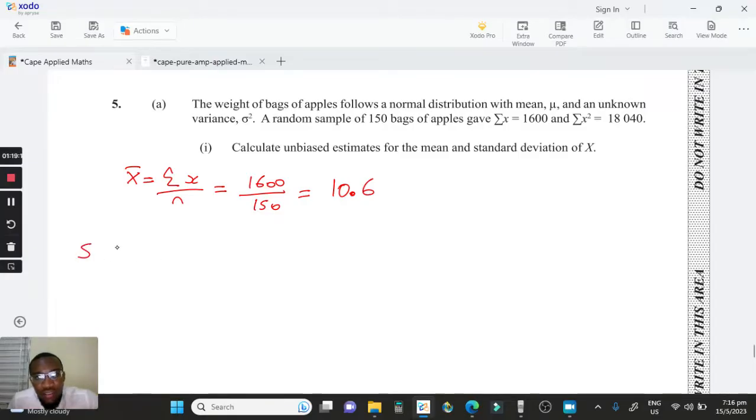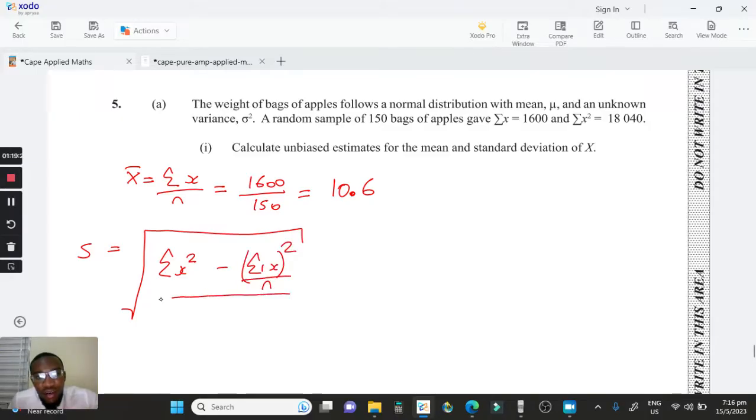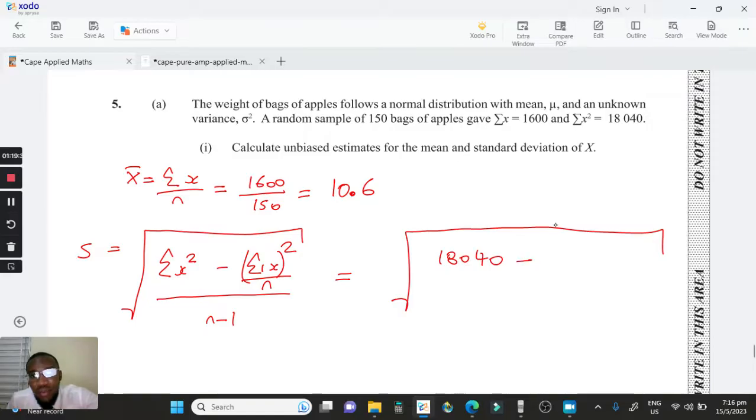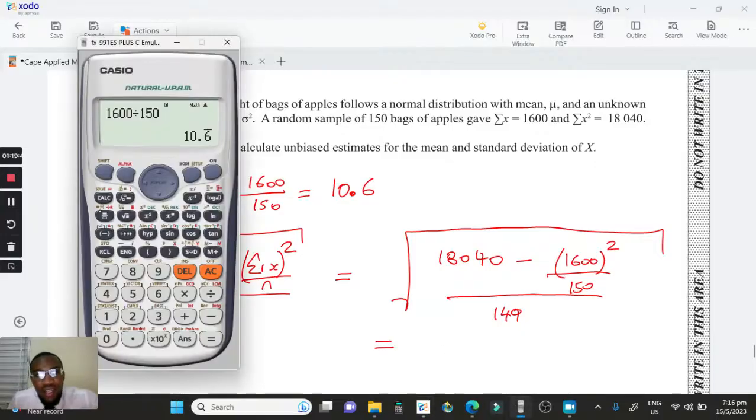Now the standard deviation is equal to the square root of, the formula is the sum of x squared minus the sum of x all squared divided by n, all over n minus 1. This is now the square root of the sum of x squared, which is 18040, minus the sum of x, which is 1600, all squared over n, 150, divided by n minus 1, 149.